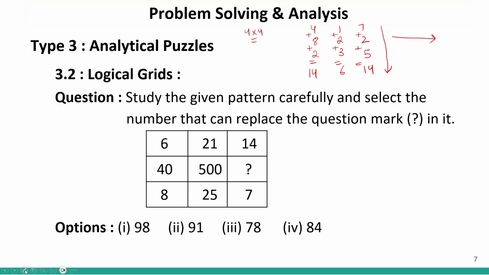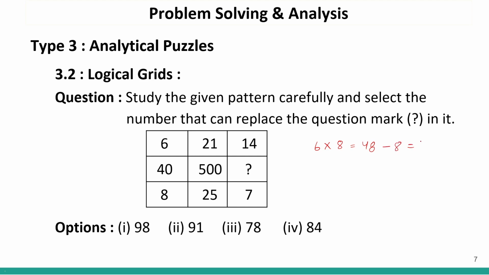Now, let us look at this question. A logical grid is given to us and we have to find the solution. Now, 6, 21, 14, 40, 500 and this and 8 into 25 and 7. Okay, we have to find this missing term. Over here, if I look at the first column, 6, 40 and 8, I can see that 6 into 8 gives me 48 and minus 8 gives me 40.